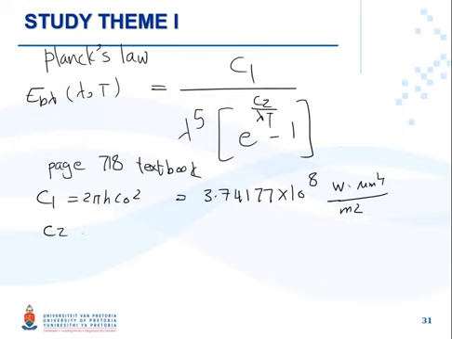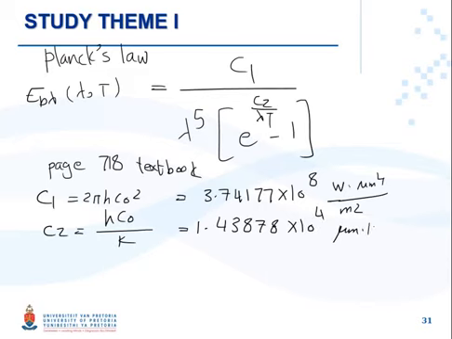And C2 is hc over k, 1.43878 times 10 to the power of 4 micrometer Kelvin. To calculate that, we need to have lambda max.